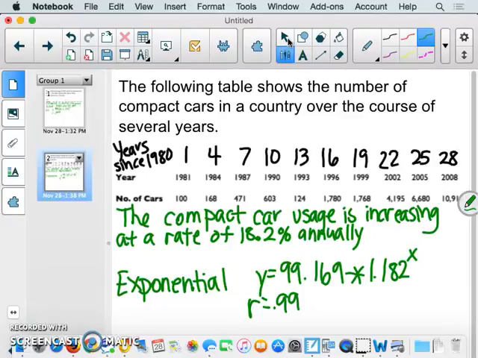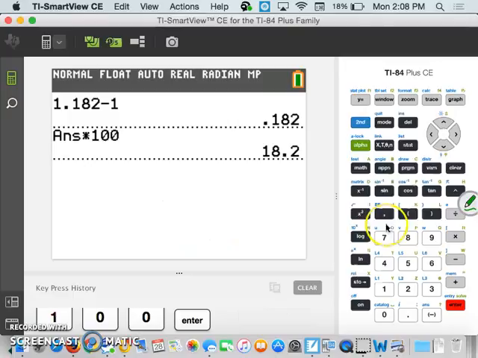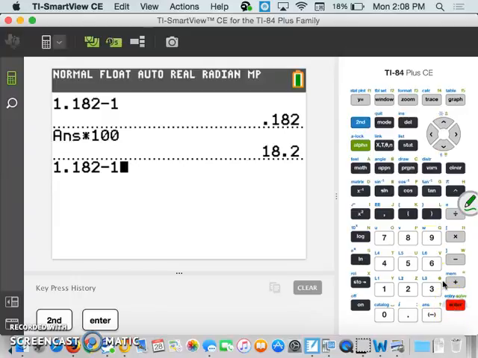And then using the regression equation, which if we forget, another way that you can find it, you do second enter and it goes into previous entries.